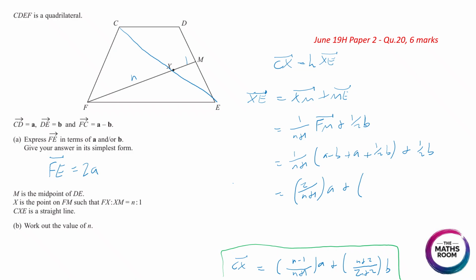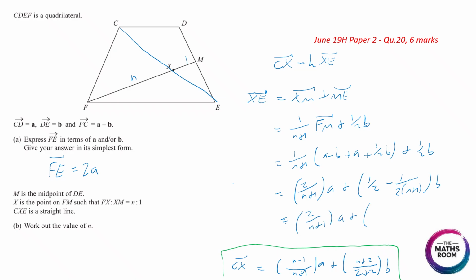And then you've got your half outside. Be careful with that one, b. So you've got 2 over n plus 1 a.